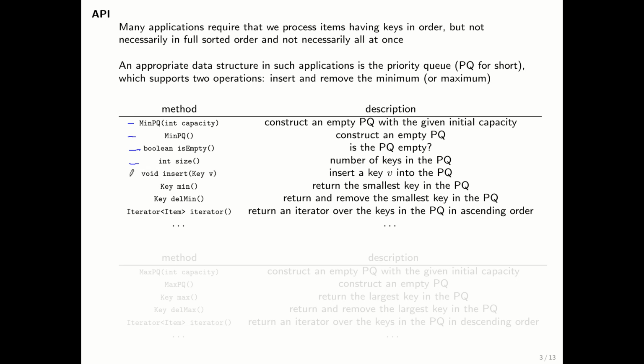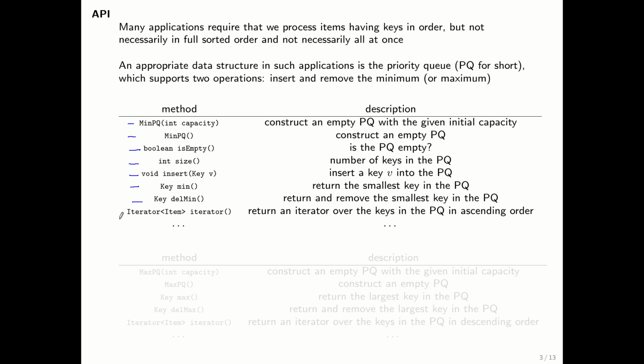You can insert a generic key into the priority queue using this method. You can get the minimum key, or the smallest key, in the priority queue using this method. And you can use this method del-min to return and remove the smallest key in the priority queue. So this method not only gets you the smallest key, but it also removes it from the PQ.